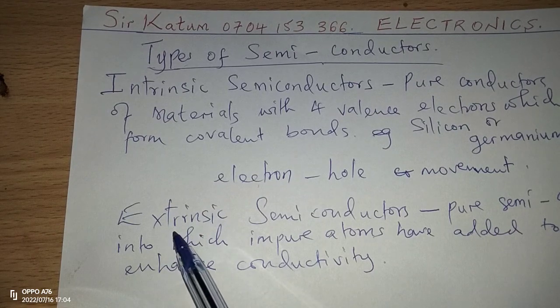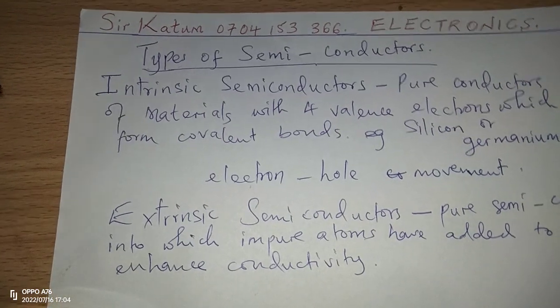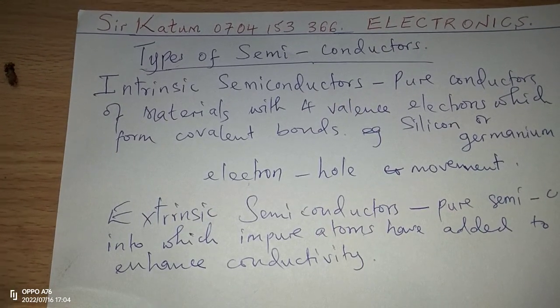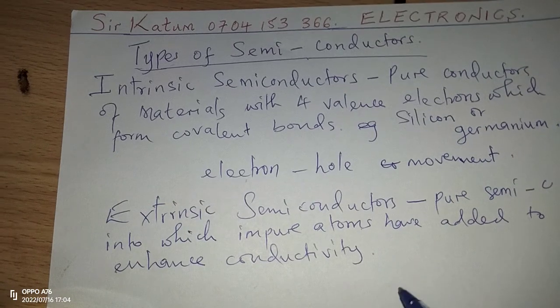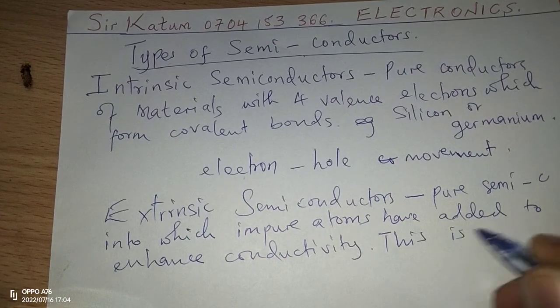But now in this case we have extrinsic semiconductors, whereby we take a pure semiconductor and into it we add impure atoms with an intention of enhancing conductivity. So when we add an impurity to a pure semiconductor so that the conductivity is enhanced, the process is called doping.